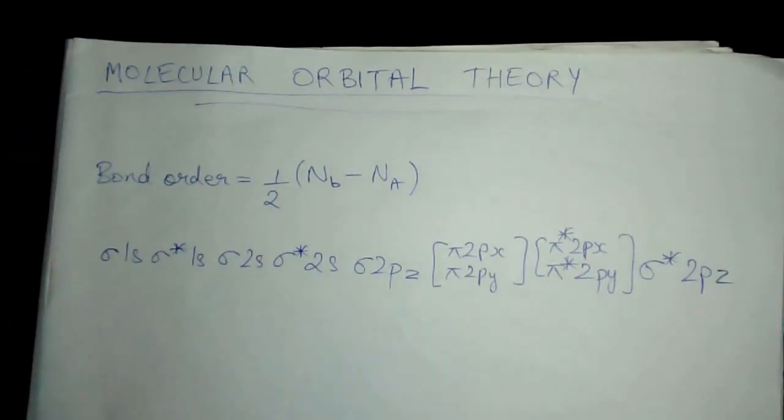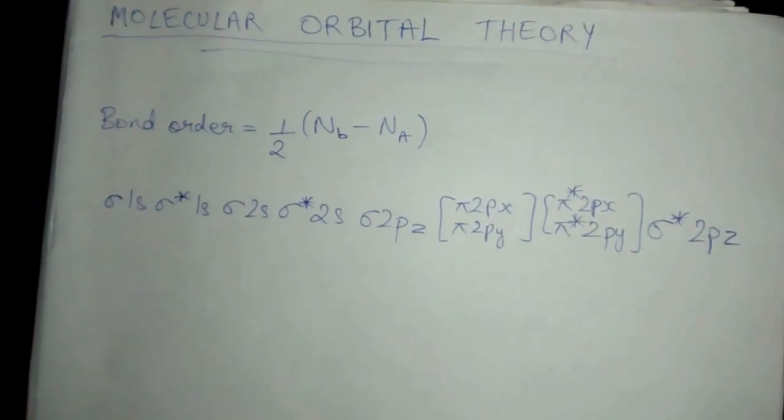So this is the general electronic configuration for species having more than 14 electrons.